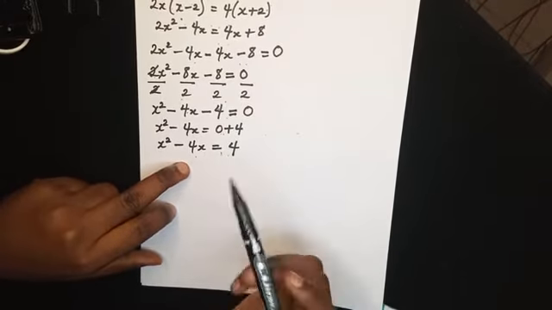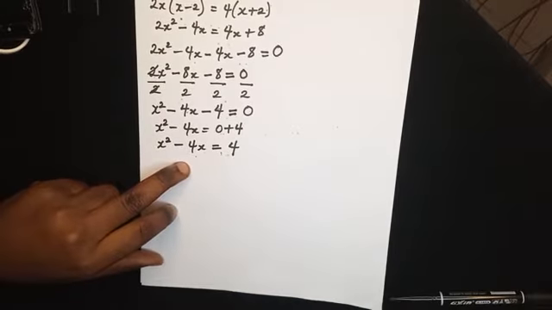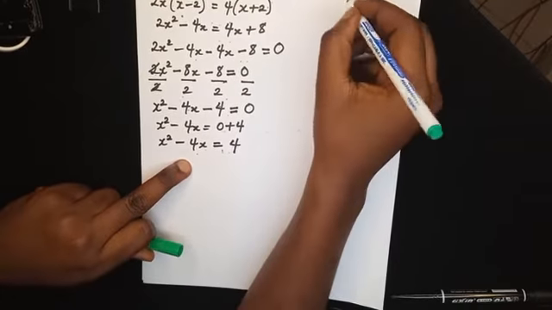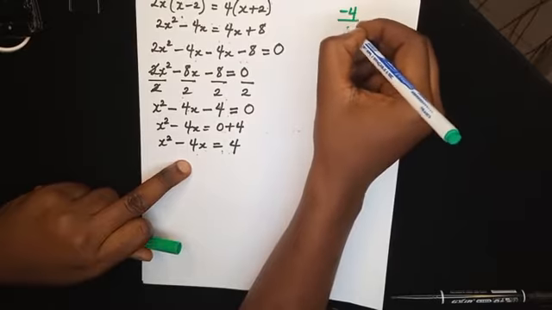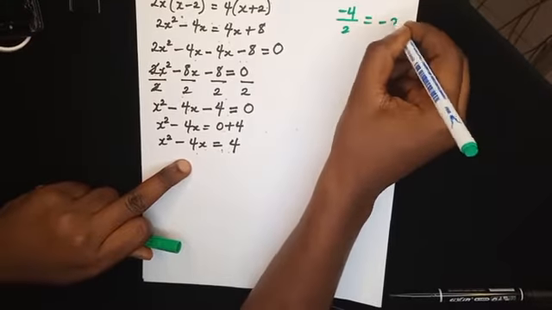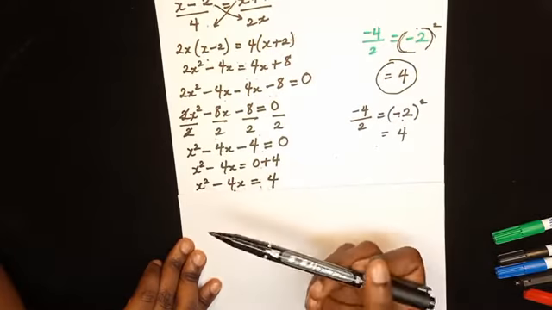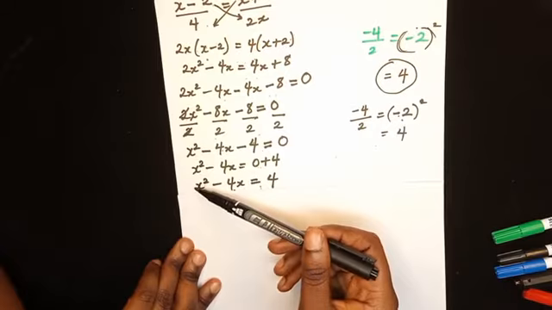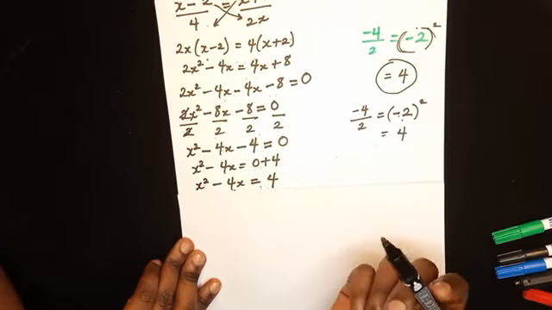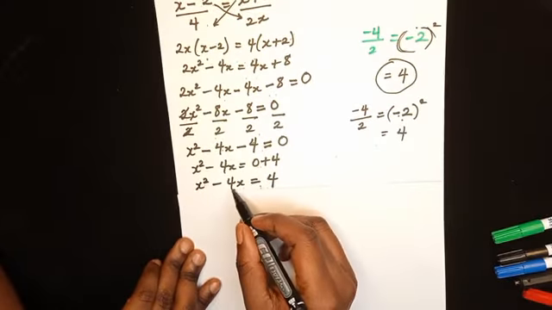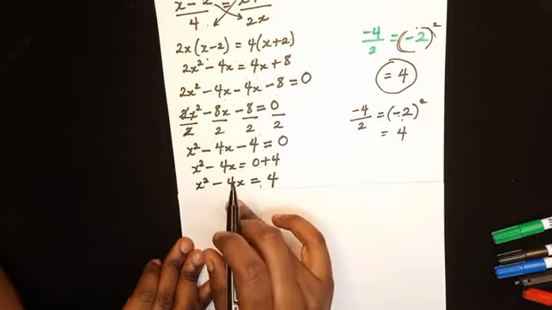I'm going to take it one by one. The half of the coefficient of x in this instance is minus 4 over 2, which is minus 2. We have x squared minus 4x equals to 4. We've properly dealt with the coefficient of x squared and the constant involved in this equation. Now we are left with the coefficient of x.